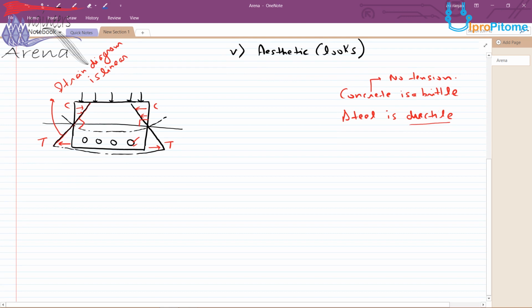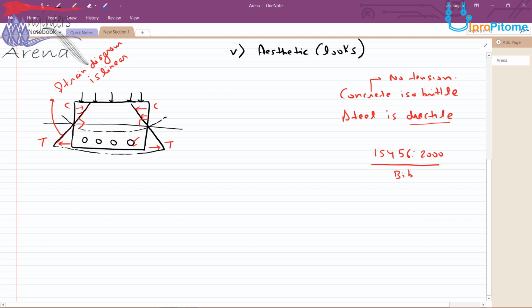Now we will study various properties of concrete. Before beginning a design, we will design with the help of concrete and steel, so we must know its properties. What are the properties of concrete? What are some properties of steel, which we will use in future lectures? So before starting this, you must have IS 456 2000.